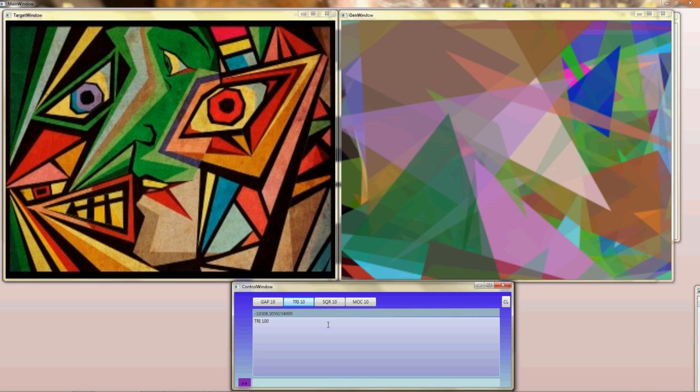But we can go on to look at some cool stuff here. In this program, you can also run other genotype to phenotype mappings here. So this is a bunch of squares. With the squares here, this is a little cheaty. The genetic algorithm is cheating a little bit by knowing what color the target picture would be.